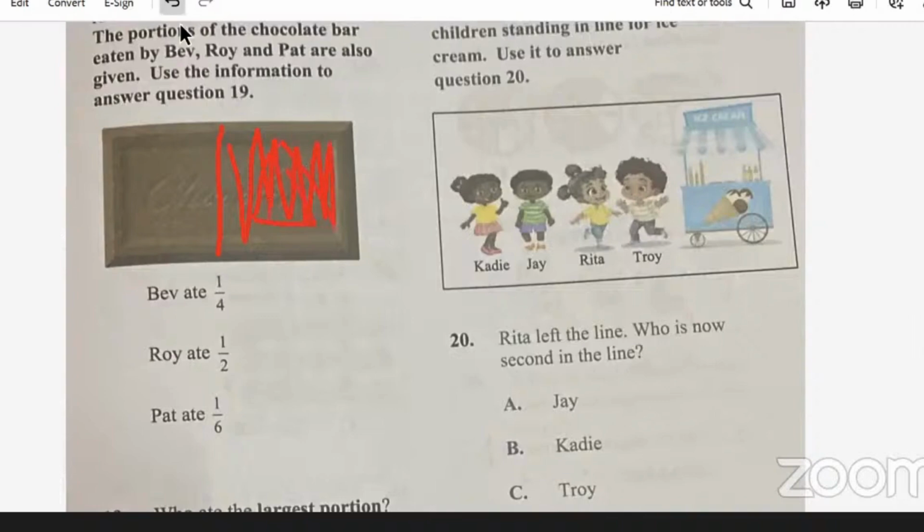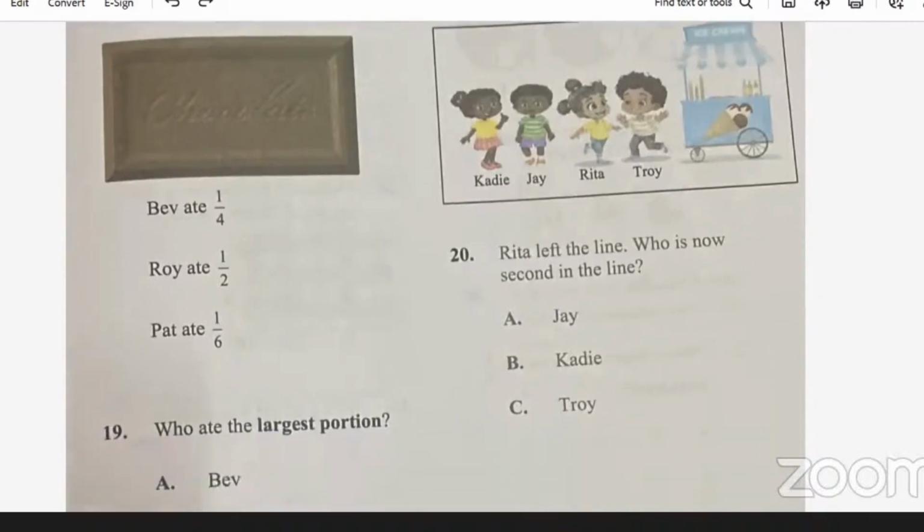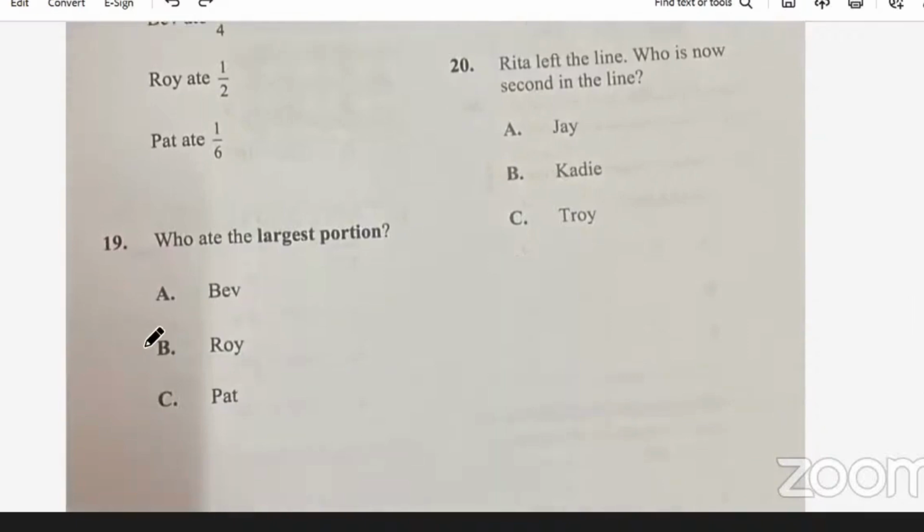Okay, so that's Roy. And then for Pat, it was divided into 6 parts, and Pat's got 1/6, this piece. So the question asks, who ate the largest portion? And hopefully it's obvious, that would be Roy. Roy ate half. So the answer would be B.